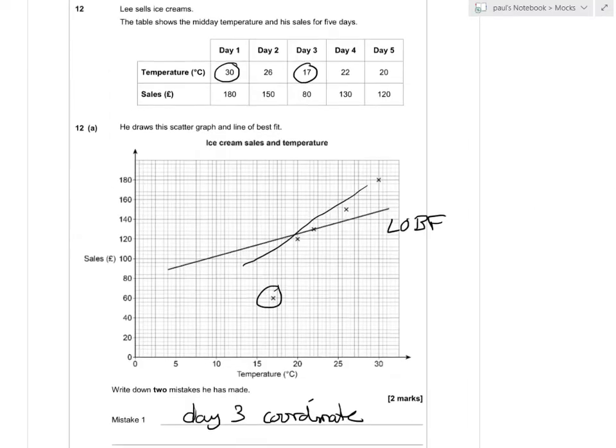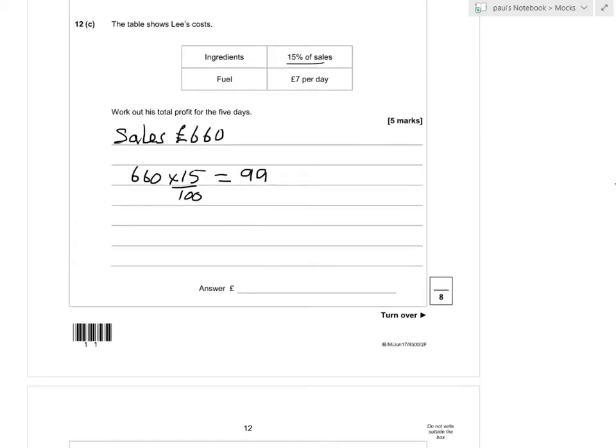Was it 5 days? 5 days, yeah. So the fuel is 7 times 5, which is 35. So 99 plus 35 is 134, and the profit will be 660 take away 134, which is 526.